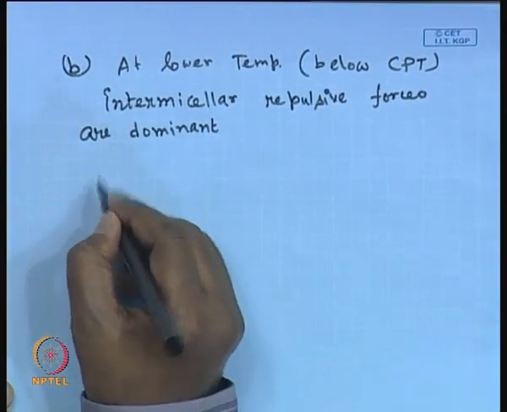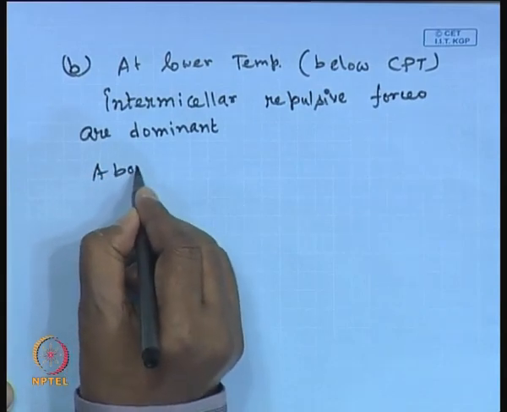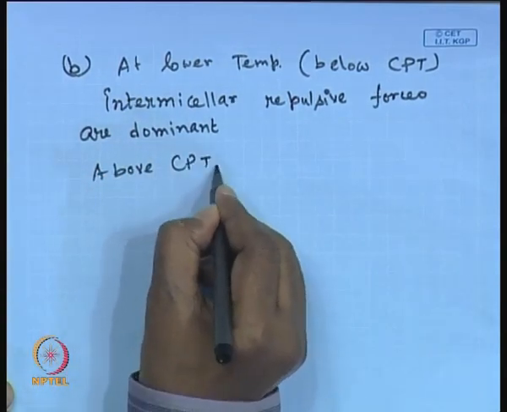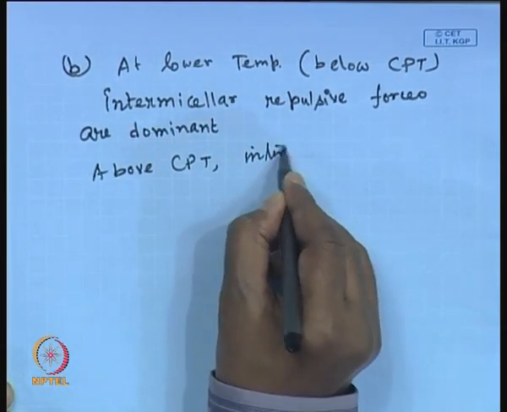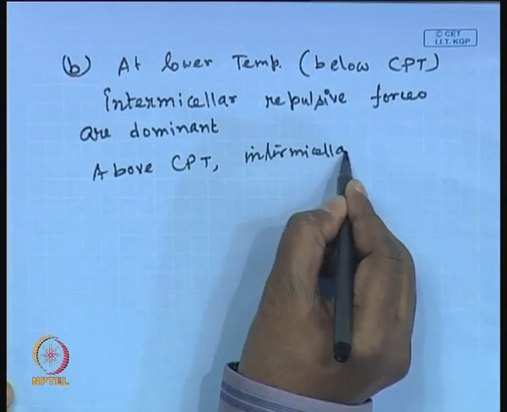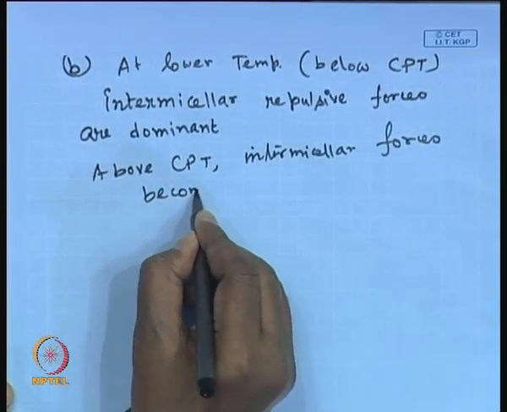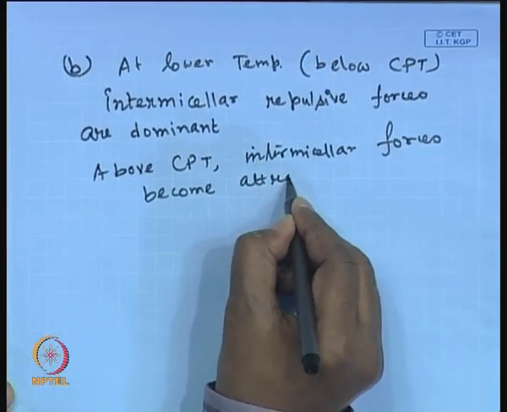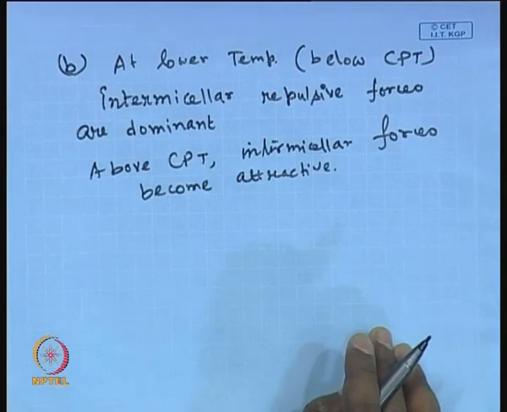Okay. But when the cloud point is approached or above the cloud point temperature, they become attractive. So, what is the net result? The net result is that the micelles would like to repel water and they will form cohesive forces among themselves. So, the phase separation occurs.